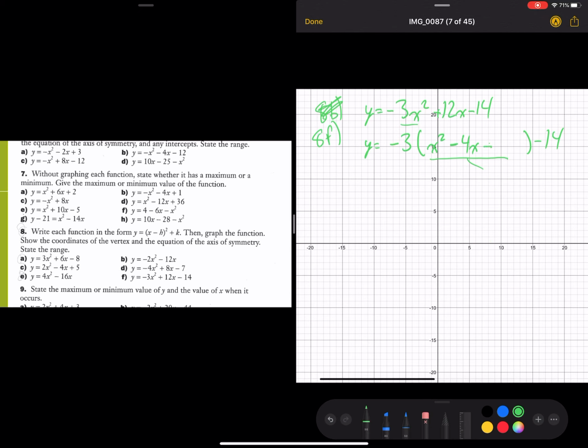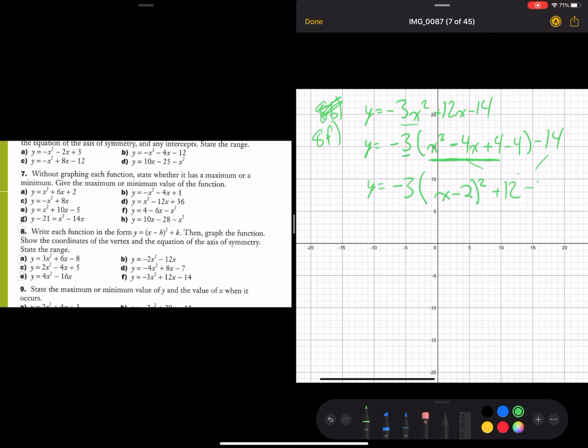So what do we do? Plus 4 minus 4. Now what do we have? Y equals minus 3 times, what's this equal to? That's equal to x minus 2 squared. Then minus 3 times minus 4 is plus 12.